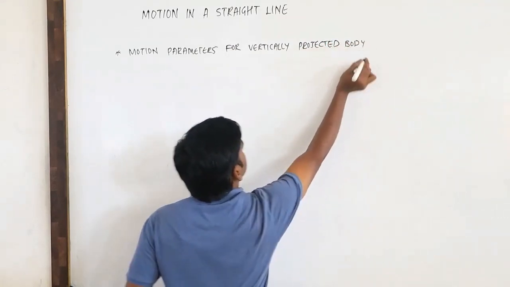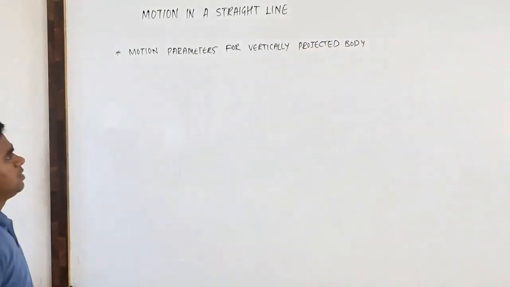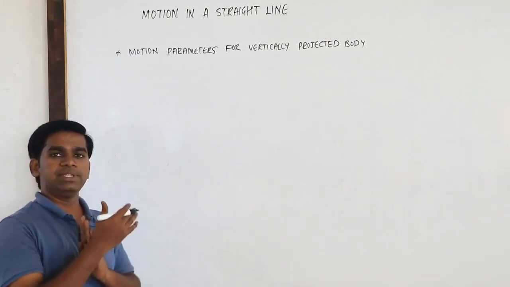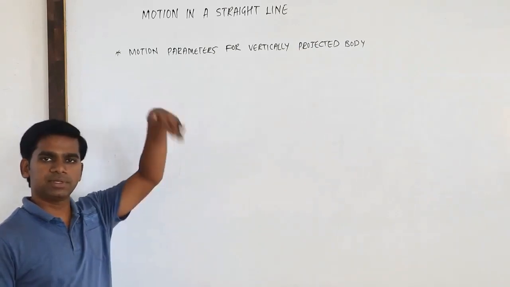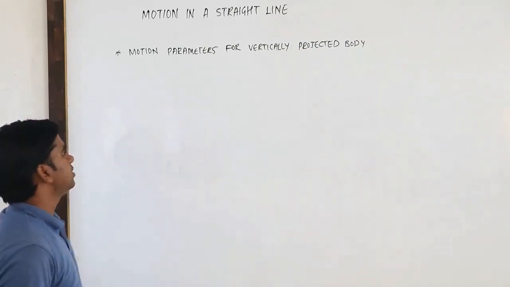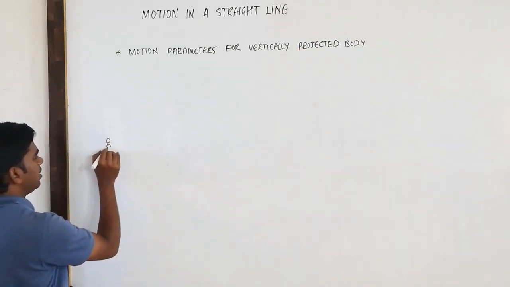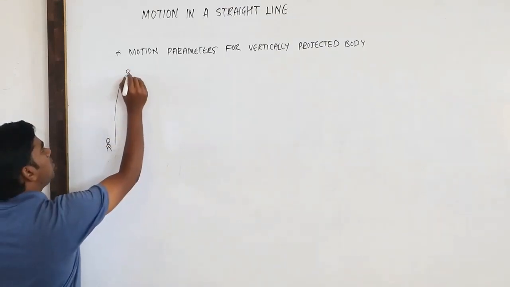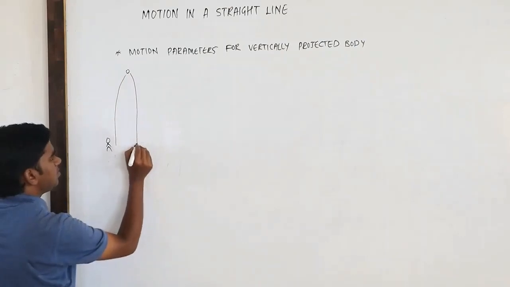Okay, so whatever I discussed so far was separate equations when body is moving upward, coming downward. Vertically projected means what? Suppose you are standing over here and you throw some ball vertically upward. Okay, so it will go up and again it will come back to the same place.